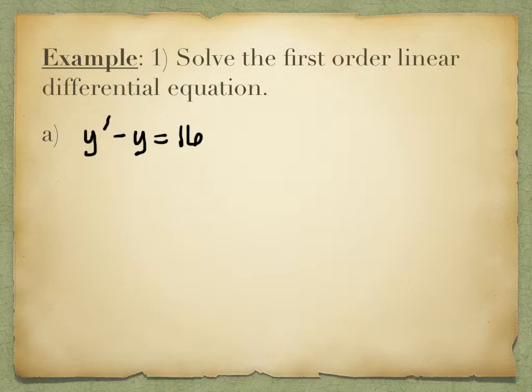So step 1's already done, except that we are going to identify what p of x and q of x are, and since we're working in step 1 anyway, I'm going to do it right here. So step 1, what will p of x be? I know that's part of step 2, but not quite. -1.